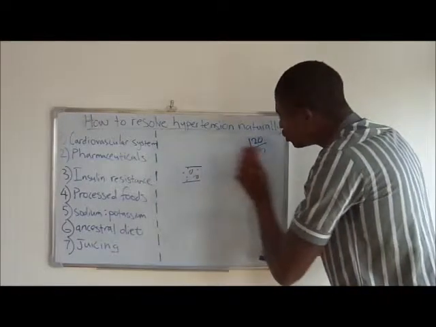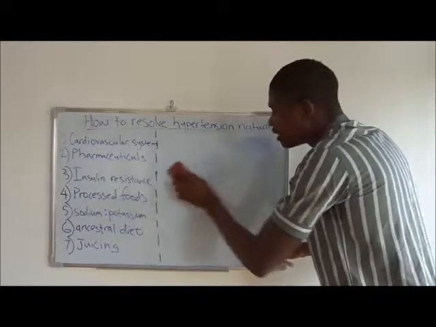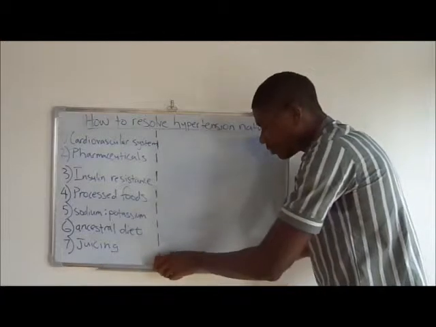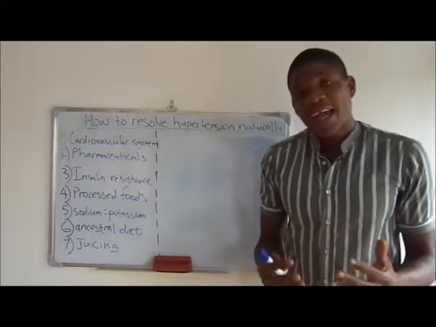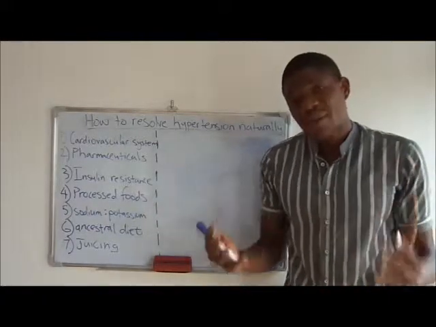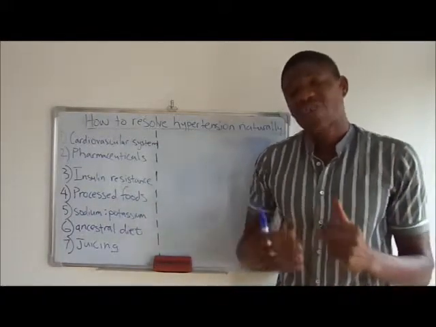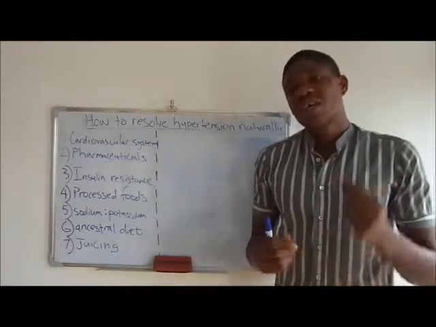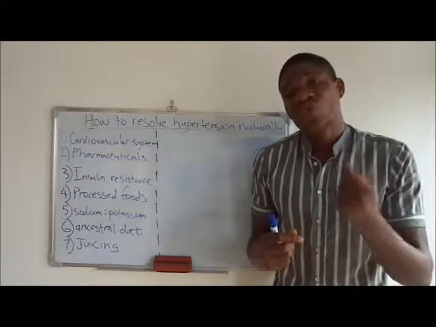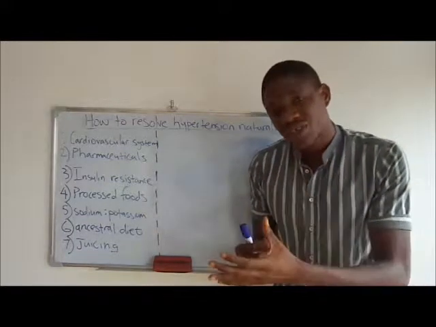Now, conventional treatments for hypertension involve various synthetic drugs. And one thing that will become quite apparent is the limitations of synthetic drugs in the resolution of hypertension, because the basic problem is that they don't get to the heart of the matter.